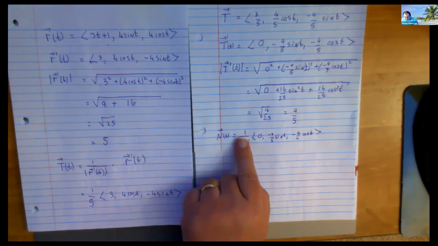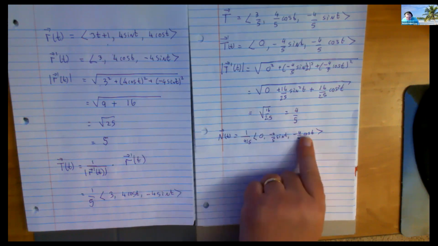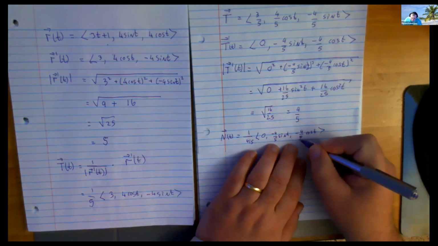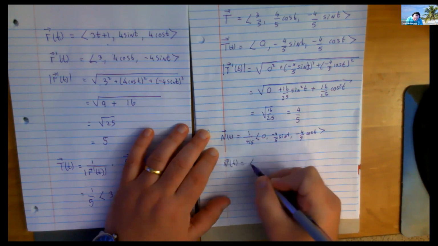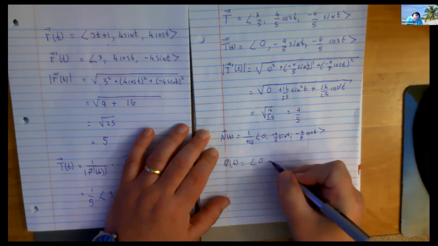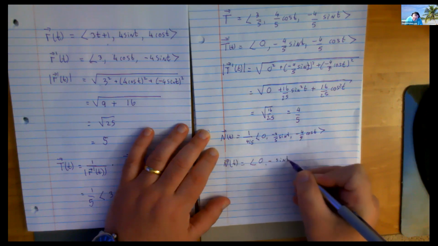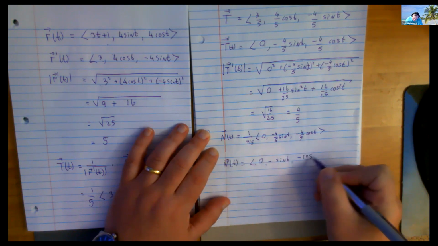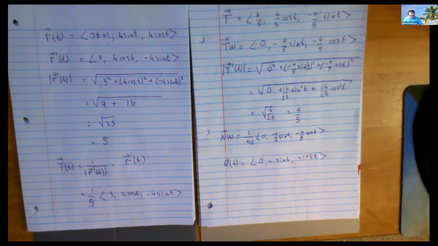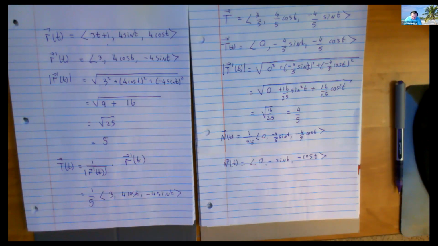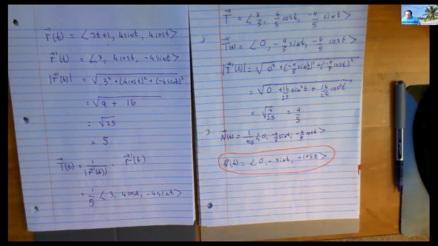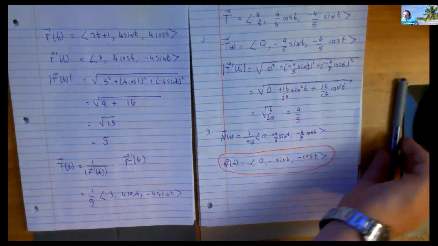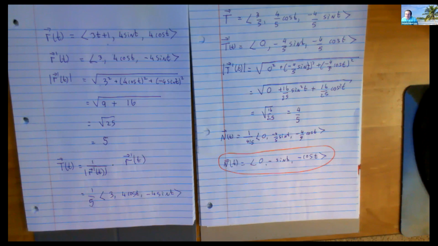And isn't 5/4 going to play really well with these two guys? So what do I get for my unit normal? I get 0, negative sine t, and negative cosine t. So the unit normal is also quite pretty.